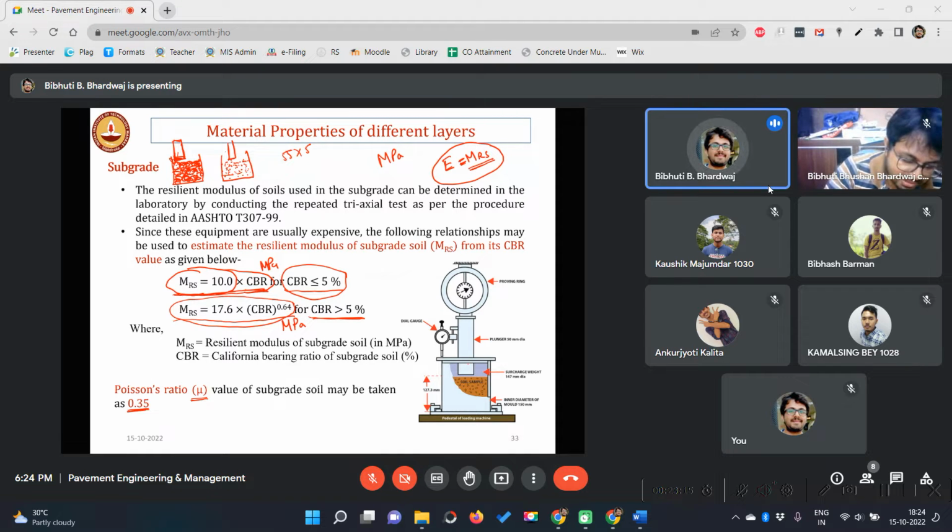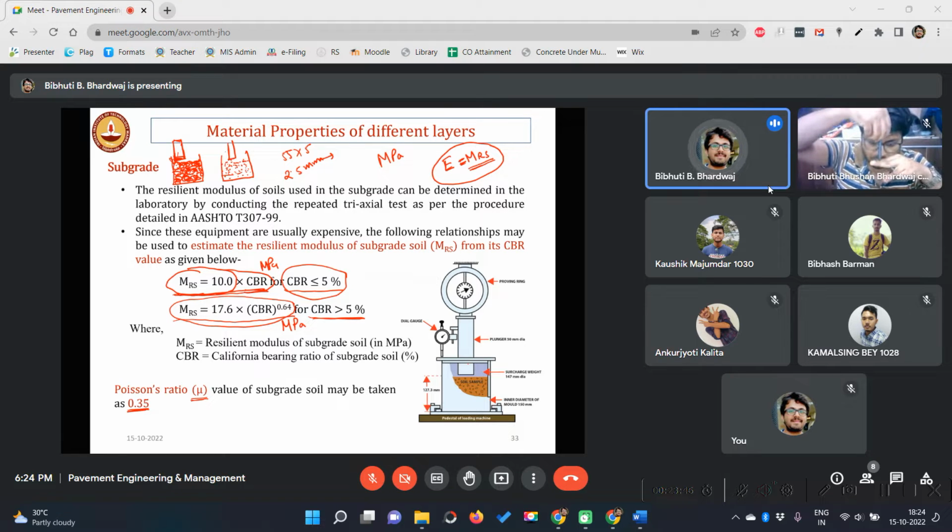As you know, the Americans' mindset, they thought the aggregates present in California were the strongest aggregates ever. So they considered those the strongest, and they found the force required to penetrate the plunger 2.5 mm.